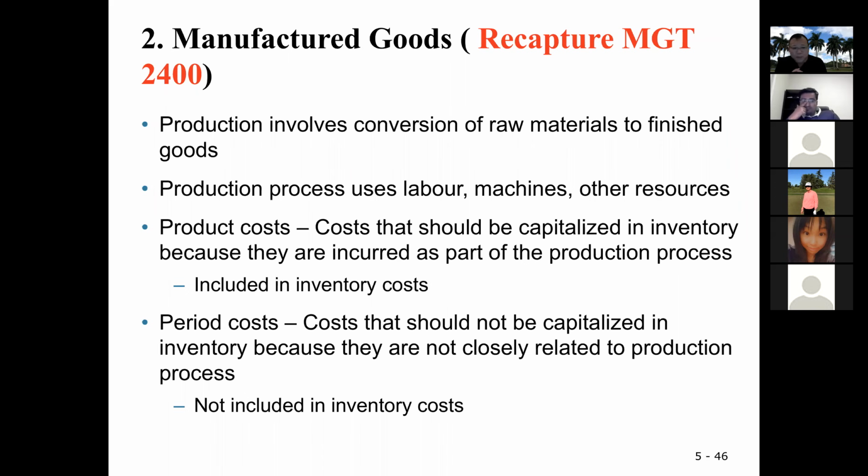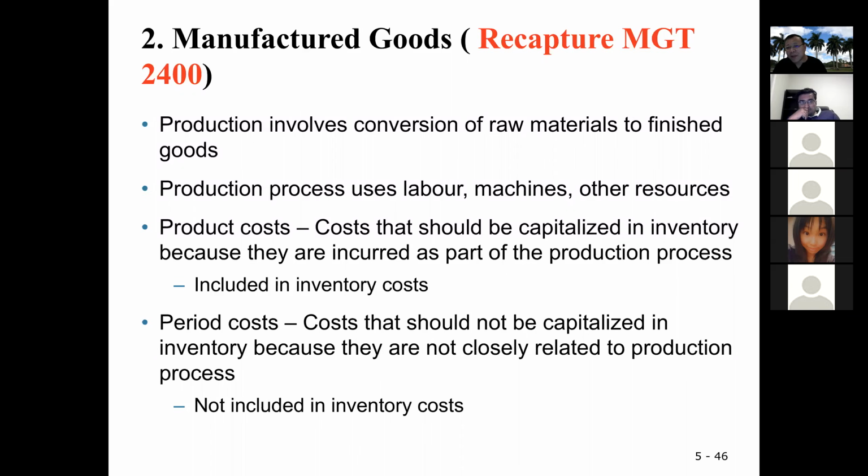This production process involves labor, machines, and other resources. The cost of using these resources will be considered part of your product cost. Any cost directly related to production is called the product cost, and any cost not directly related to production is called the period cost.